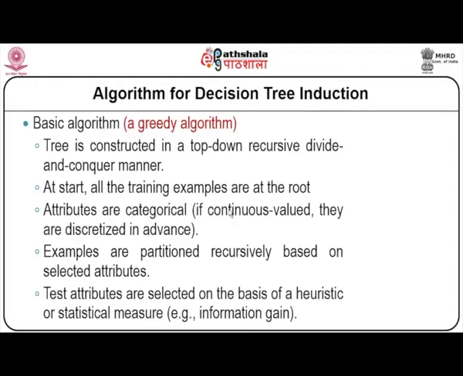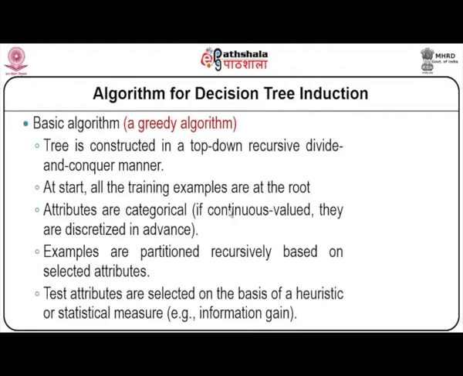Attributes are majorly categorical. If they are continuous valued, they are discretized well in advance. Salary, for example, is not a categorical attribute, but it has to be discretized, saying that between this and this range it is one category.